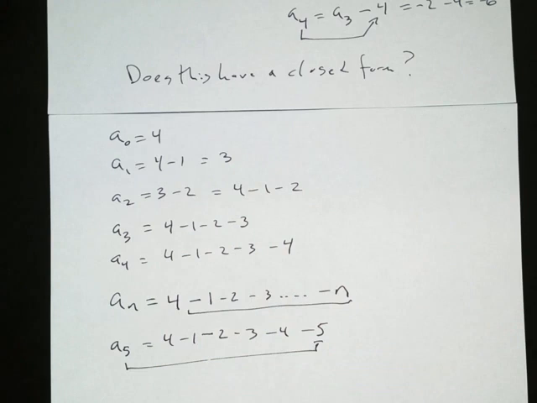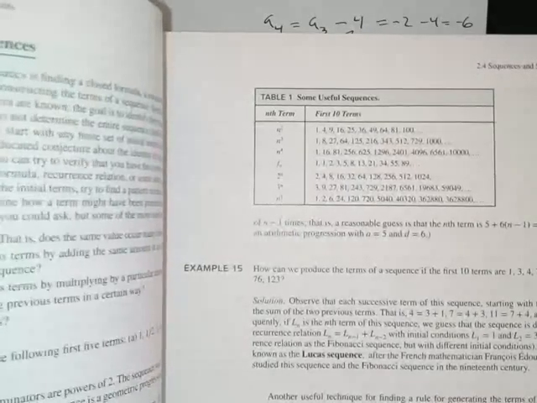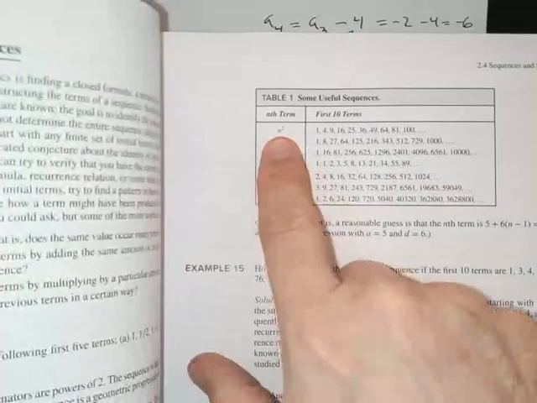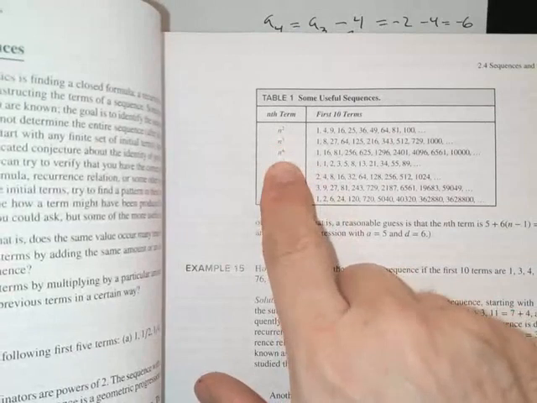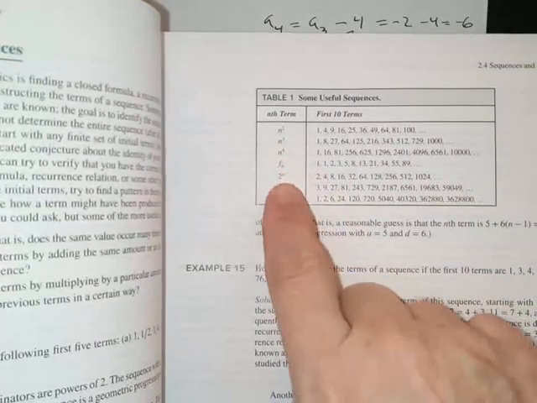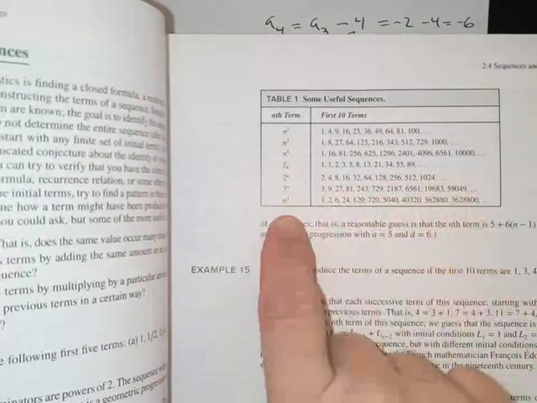On page 171, there's a list, another box, that shows me some sequences I should probably try to recognize. Squares, cubes, fourth powers, the Fibonacci sequence, exponentials, doubling, cubing.